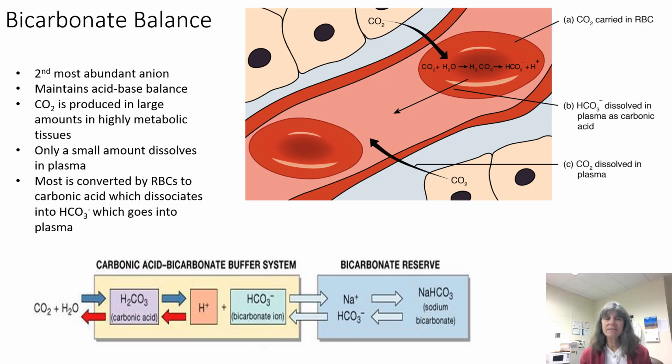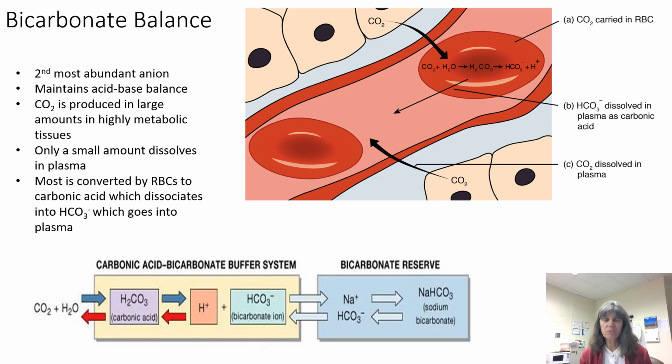We know that in highly metabolic tissues, a lot of carbon dioxide will be produced because metabolic tissues require lots of adenosine triphosphate, and one of the metabolic byproducts or waste products of producing adenosine triphosphate is carbon dioxide.